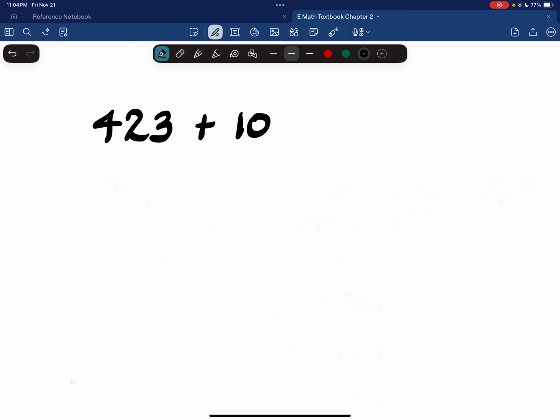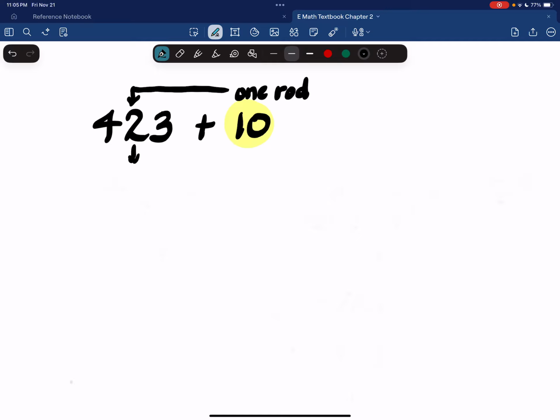We know from much practice that this is 1 rod. And we know that rods go in this column. We're adding a rod to that column.